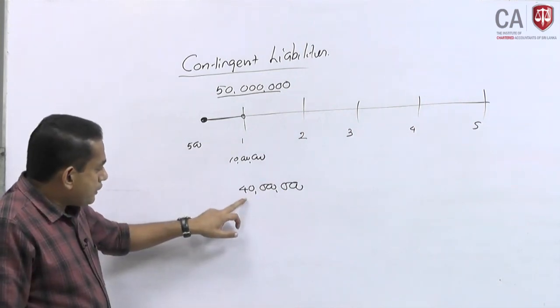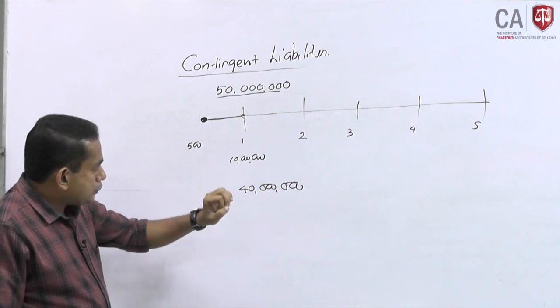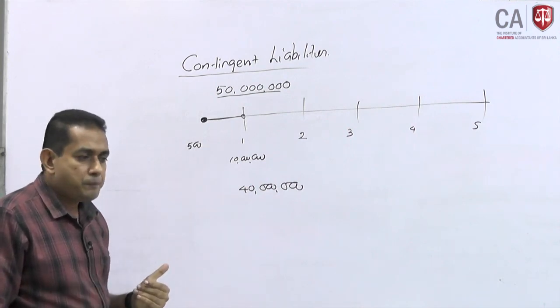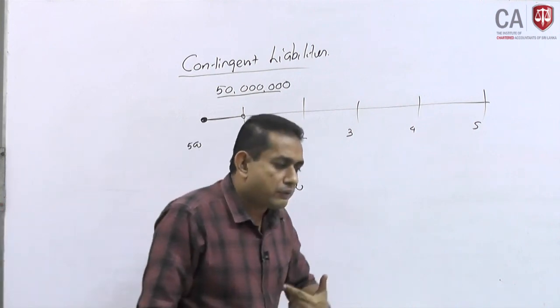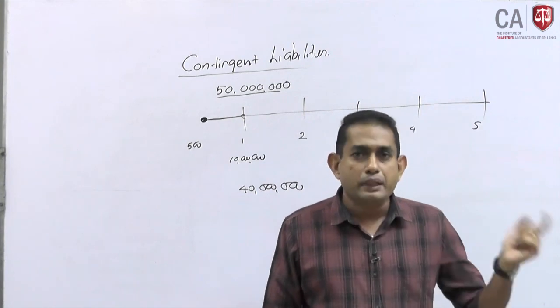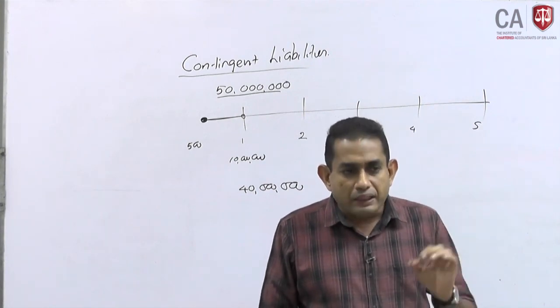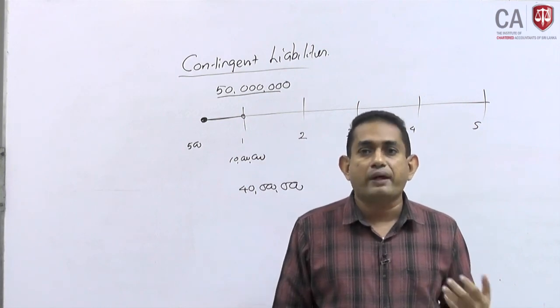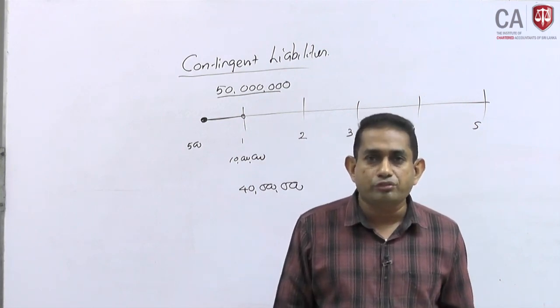The balance 40 million should be recognized to profit and loss over the remaining 4 years time, but whether you can recognize it to profit and loss or whether you should pay it back to the government depends on whether we are able to maintain the number of employees of 500 over the remaining 4 years time.